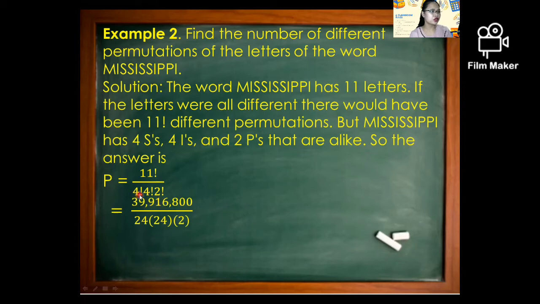Ang 4 factorial is 24. Another 4 factorial is another 24. Ang 2 factorial is 2. Then, i-multiply lang natin yung denominator, then i-divide natin sa numerator. So, the answer is 34,650 ways. Okay po? So, ito daw yung arrangement na pwede nating magawa using the word Mississippi.